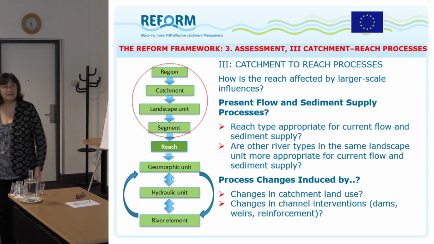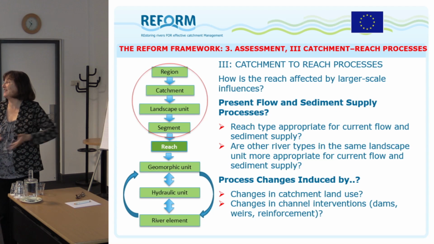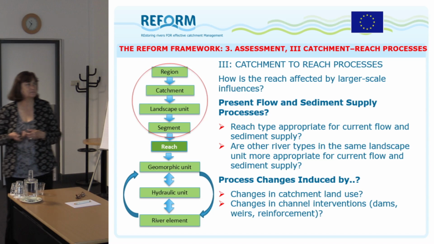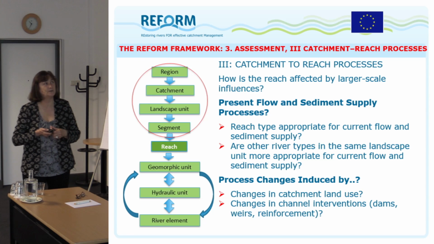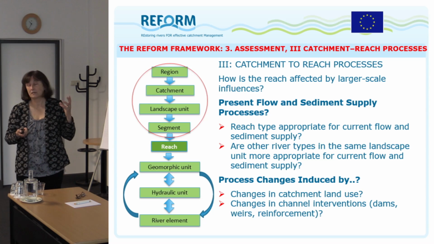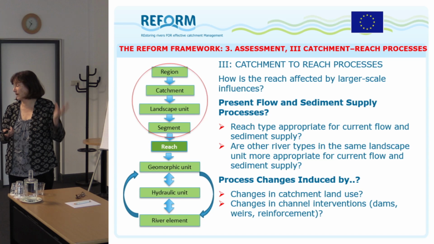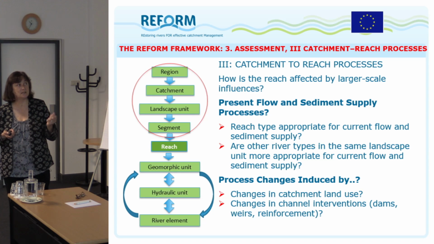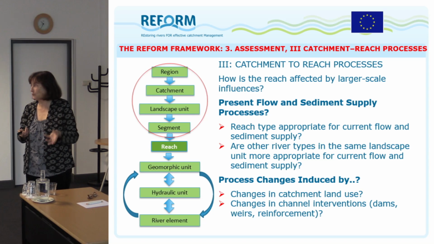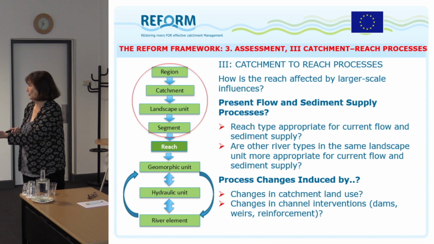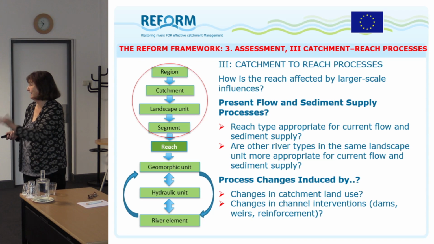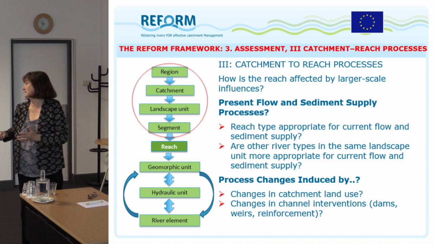Okay, we then move to assessments at larger scales. So here what we're trying to do is to look at current and past flows of water and sediment and whether they are appropriate to the river type we've got, or whether it's going to change anyway because the processes have changed.